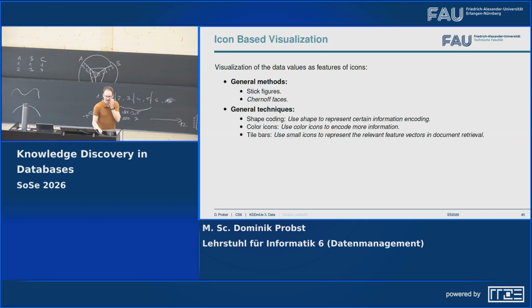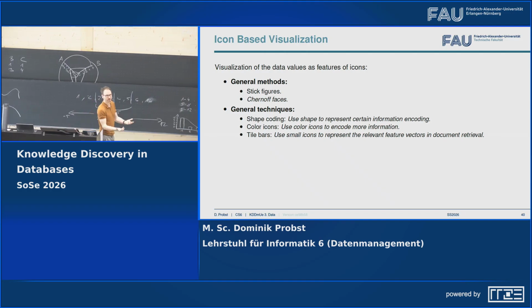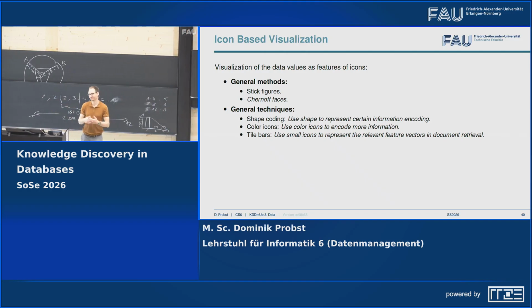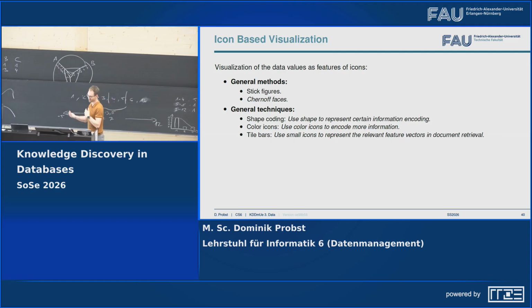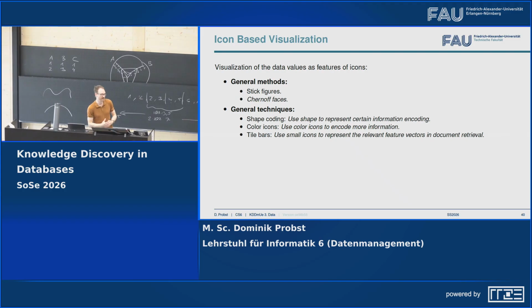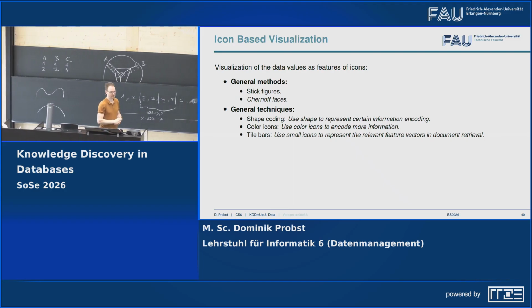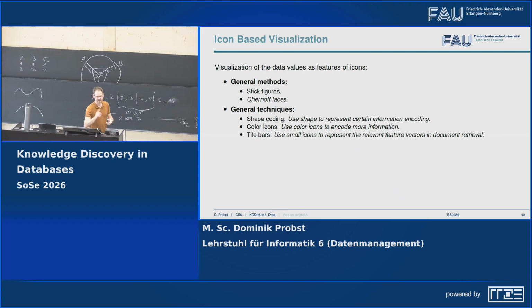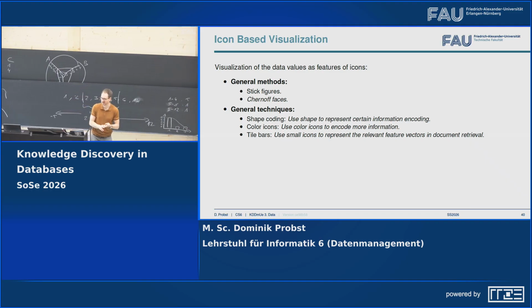Because in icon-based visualization, we simplify data, which would be far more detailed if we would take a look at numbers, but it simplifies it and therefore is easier to comprehend. Especially stick figures. We have something like Chernoff faces, which I threw out of the lecture because it's not so relevant for KDD, but those are also icon-based visualization, and we can have shape coding, color icons, tile bars.